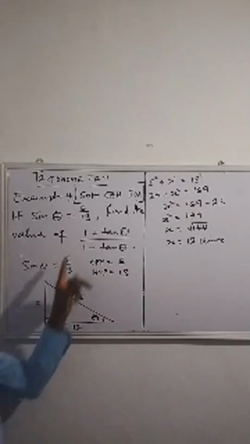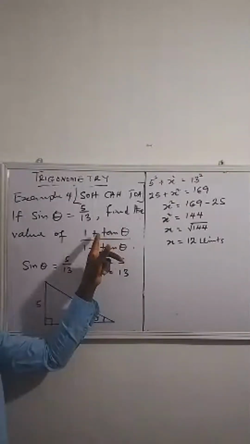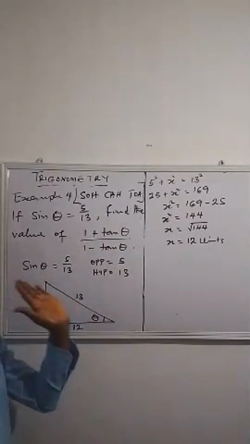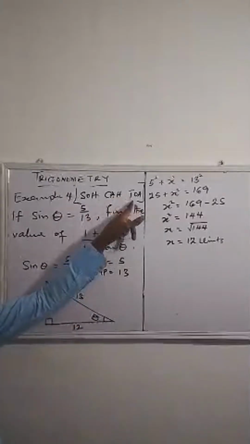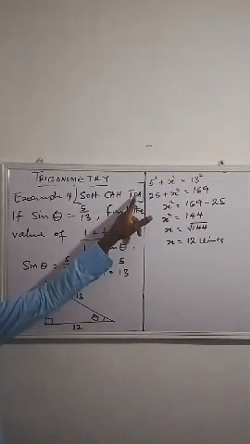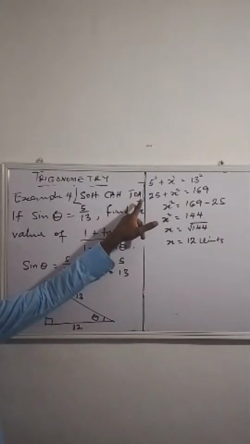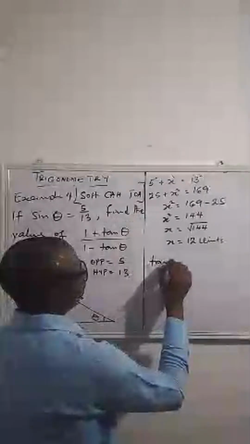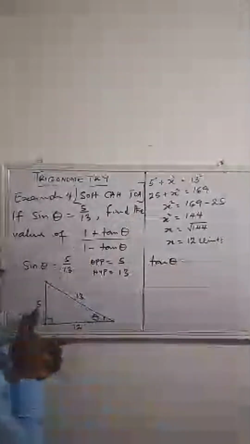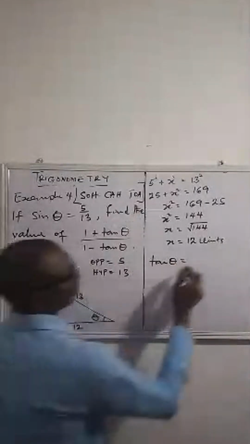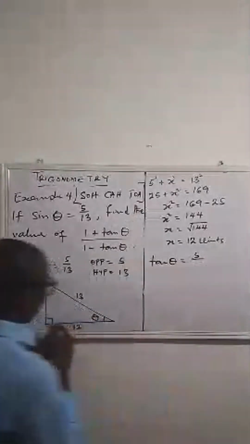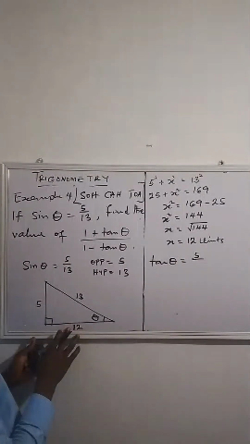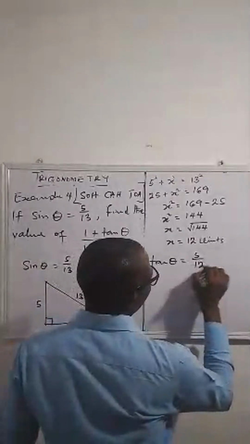So we now have all the sides of the right angle triangle. Now that will help us to be able to get tan theta. Now what is tan theta? You can see tan theta will be equal to opposite over adjacent. So I can write tan theta as opposite, which is 5, over adjacent, which is 12.